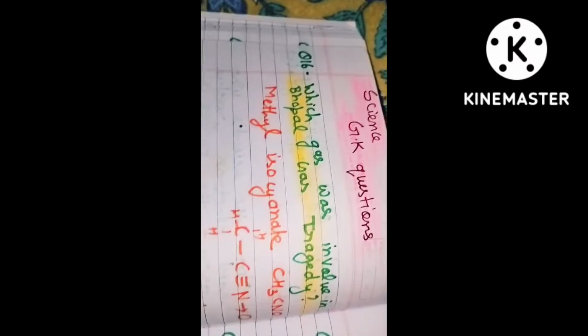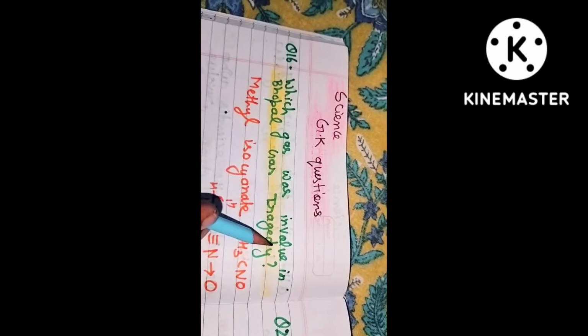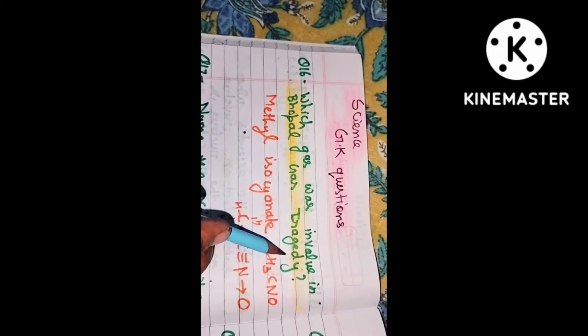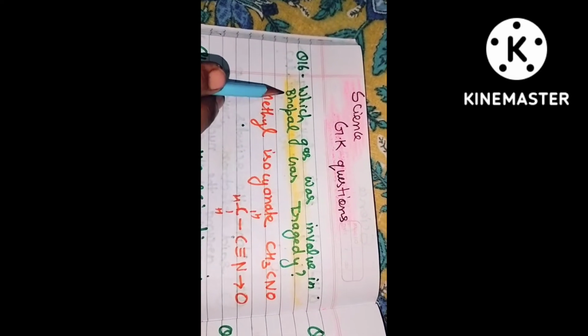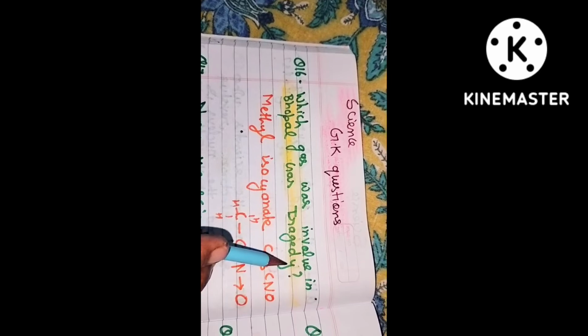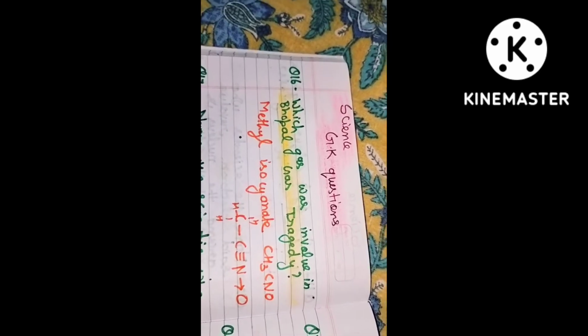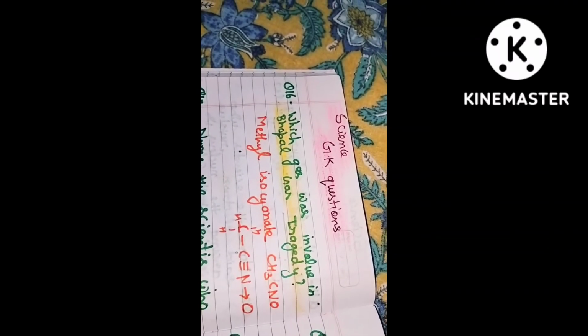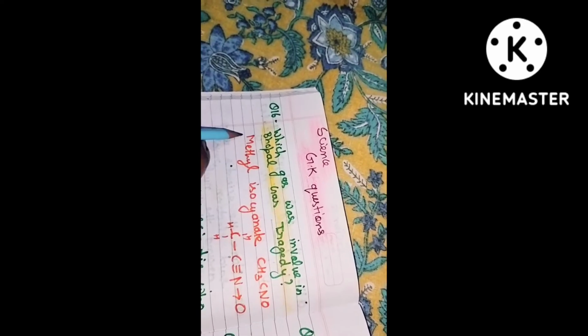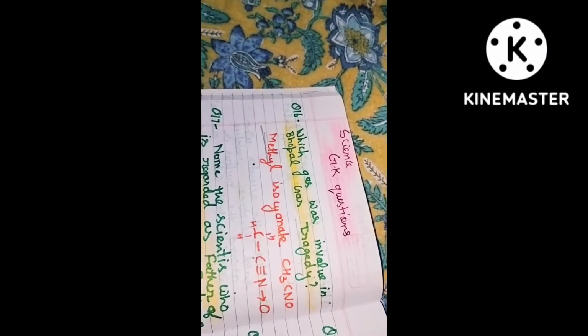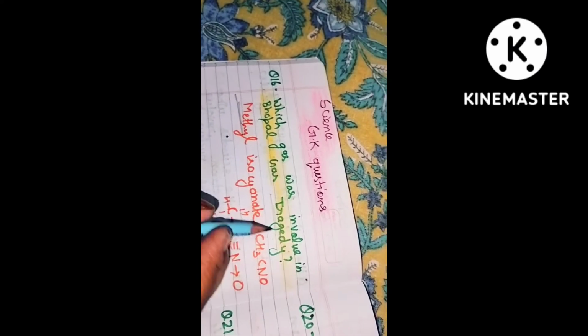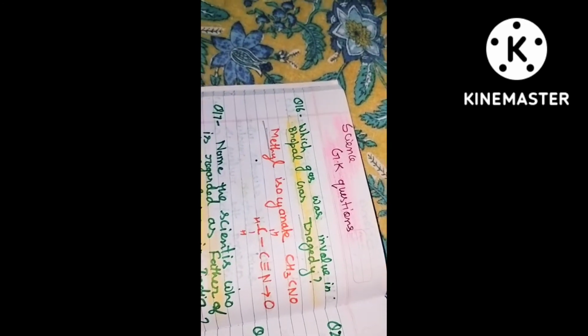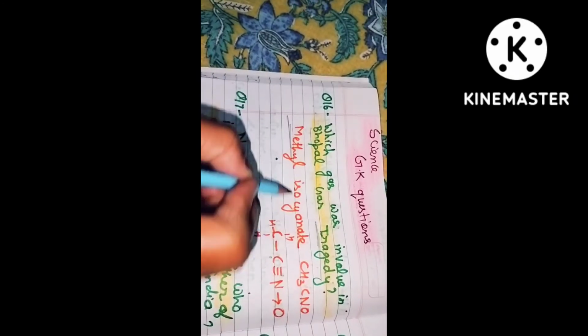Next, which gas was involved in the Bhopal gas tragedy? We know the Bhopal gas tragedy affected many persons. Many persons were affected by methyl isocyanate.